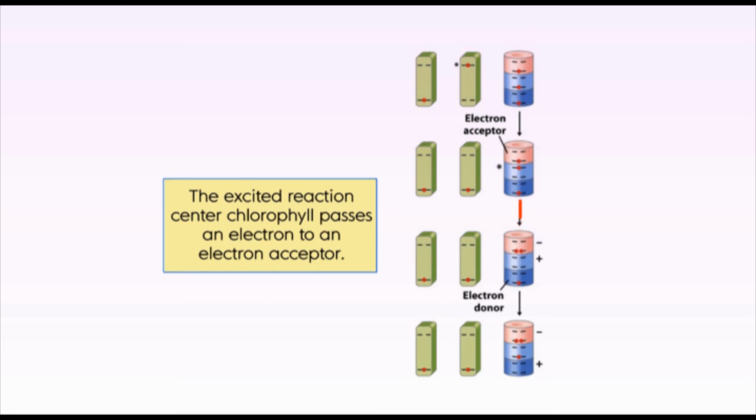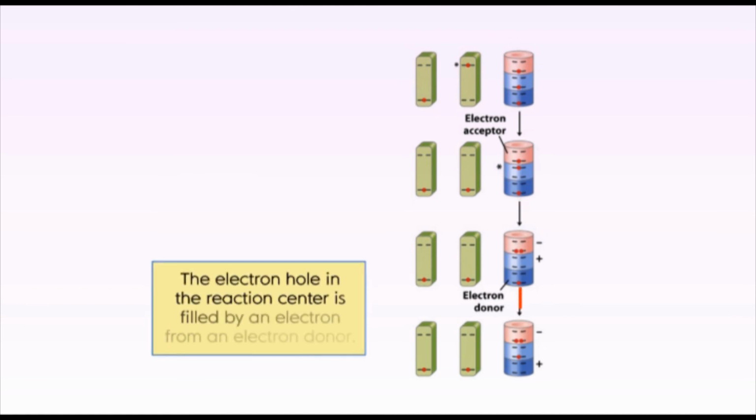The electron acceptor acquires a negative charge in this transaction. The electron lost by the reaction center chlorophyll is replaced by an electron from a neighboring electron donor molecule, which thereby becomes positively charged. In this way, excitation by light causes electric charge separation and initiates an oxidation-reduction chain.